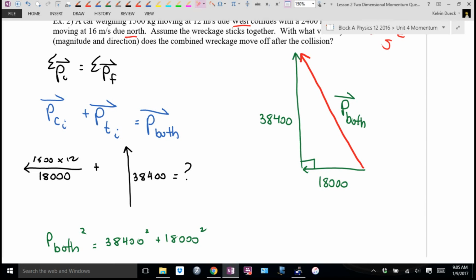The reason I'm doing this big song and dance is I have kids that write this line and then they just go MV plus MV equals M both, and they solve it algebraically like we've been doing in Physics 11. And I have to give them a 0 for all of the rest of the work because it's garbage. The max you can get, I think, is 1 out of 7 if you do that, because I'll give you 1 mark for at least recognizing it was conservation of momentum. And usually when I mention to those kids afterwards that they didn't do angles, it's throwing away marks.